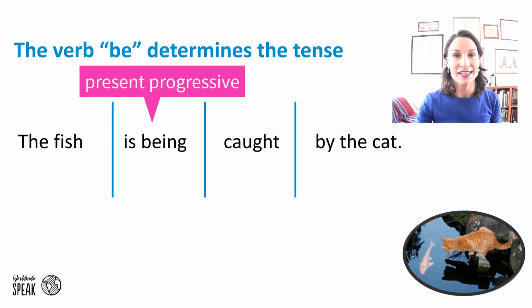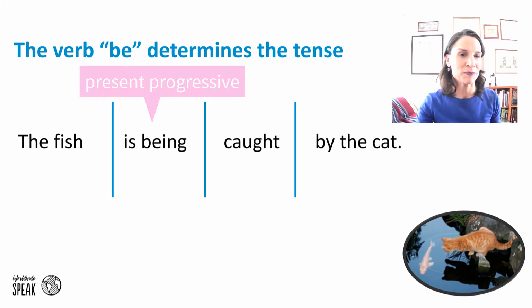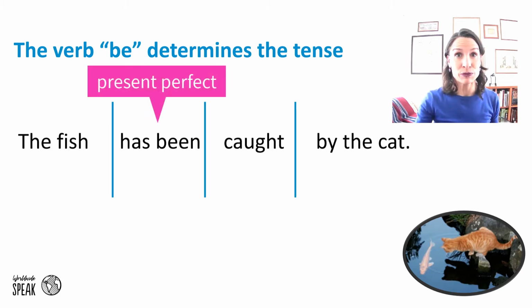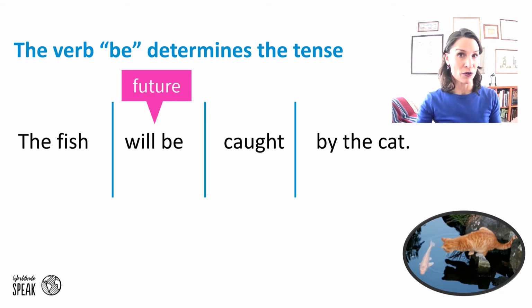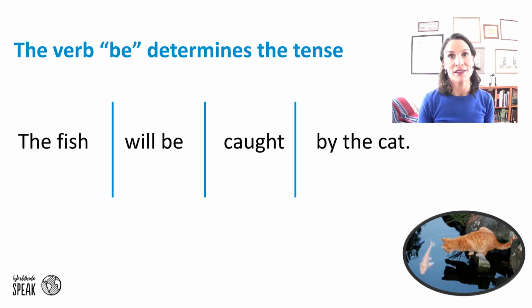Present progressive, is being, so like the fish is being caught by the cat right now. This is present perfect, has been. The fish has been caught by the cat. Or future, the fish will be caught by the cat. So you can see how very important the verb be is because this tells us if it's past, present, future, or if it's simple or progressive.